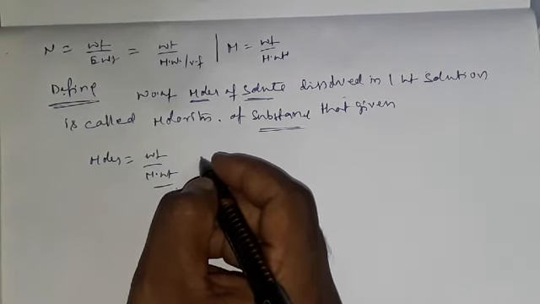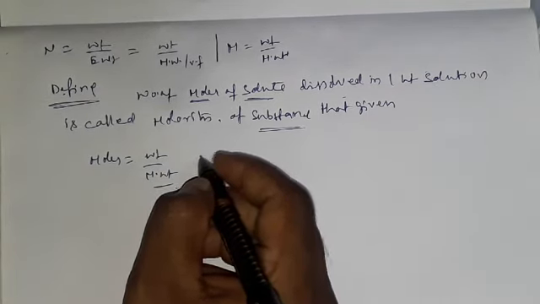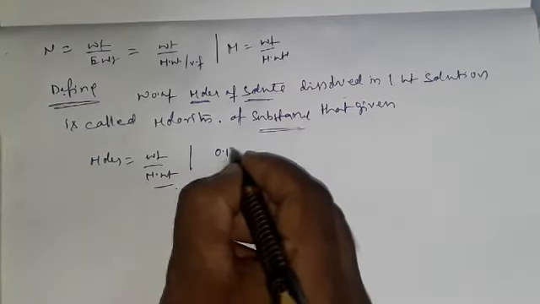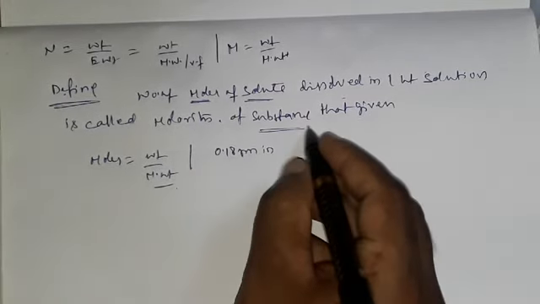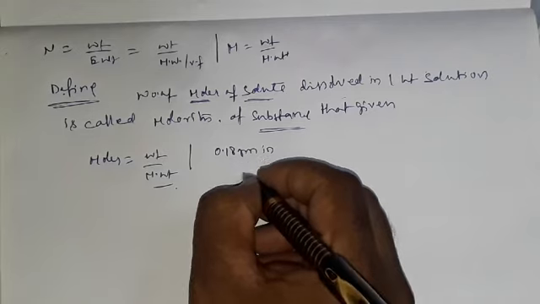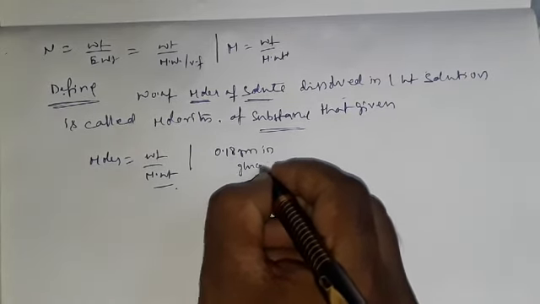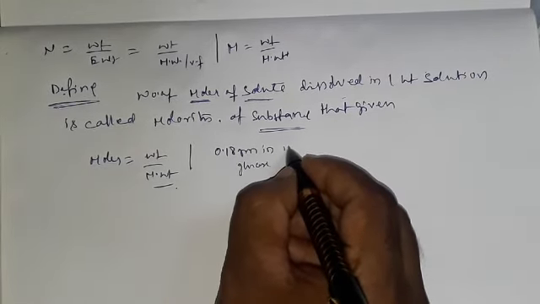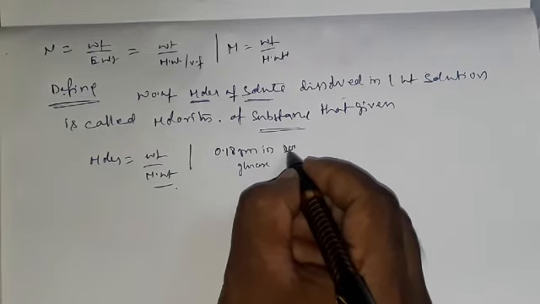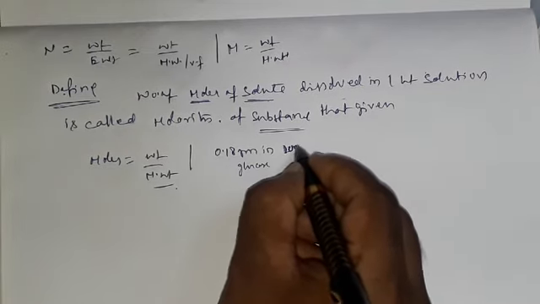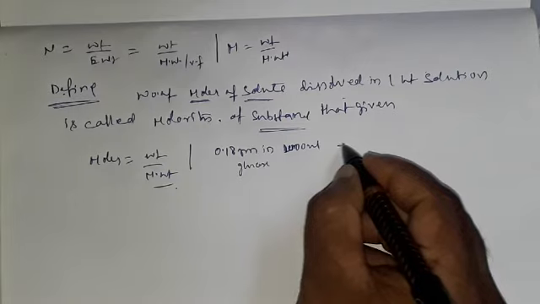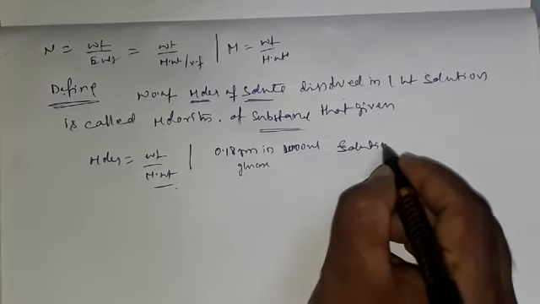Suppose here you connect to the previous problems, right? 0.18 grams of glucose in suppose 1 liter, that is 1000 ml of solution.